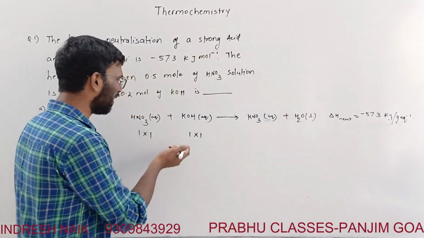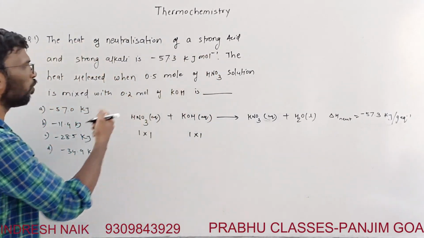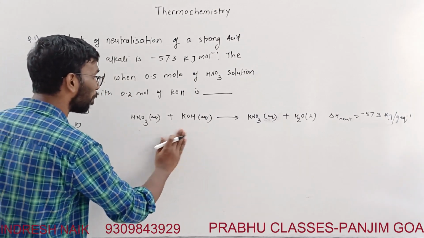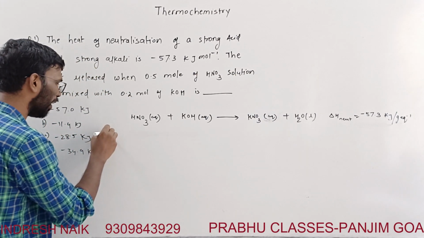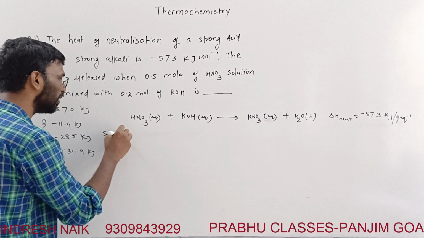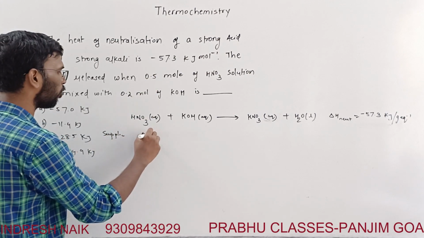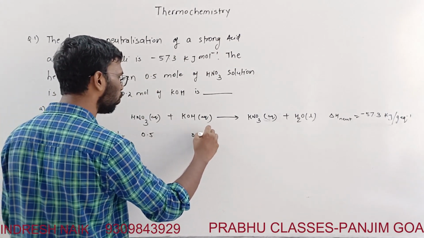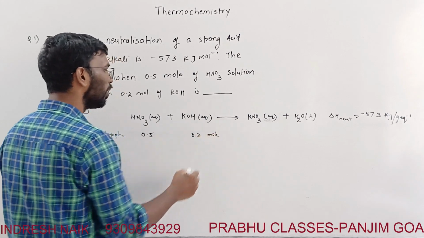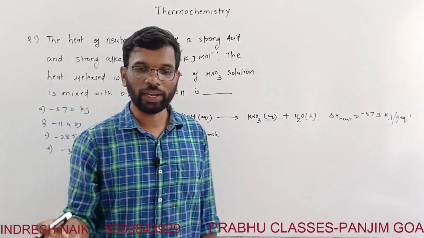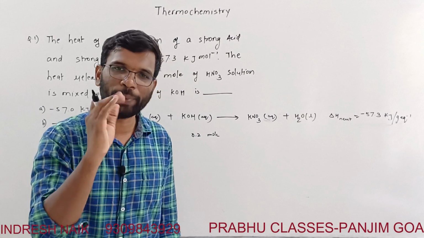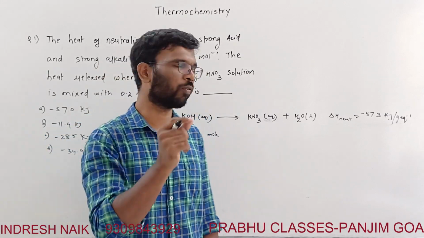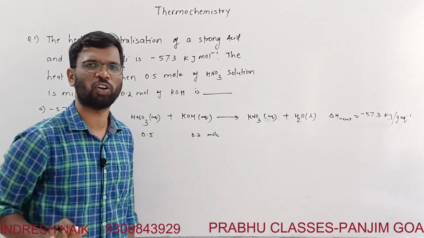But is it supplied like both are 1 mole? No, what is supplied to you is HNO3 is 0.5 mole and KOH is 0.2 moles. Now you tell me, according to the conventions of the limiting reagent, you require a slight knowledge about the limiting reagent.